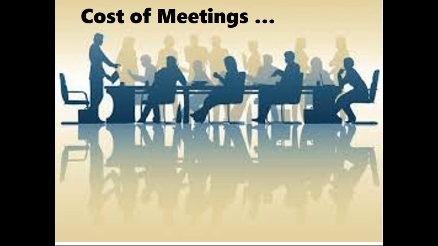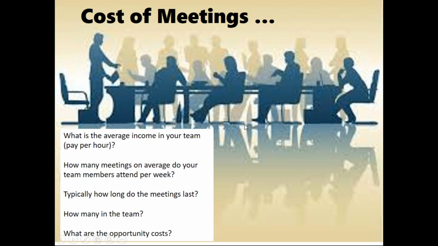Here's some sums to think about, and you might want to do this later because you could find this very interesting. So the first thing to work out is, and you could do this just in your team, or you could do this right across the organisation if you chose to, the average income of your team.